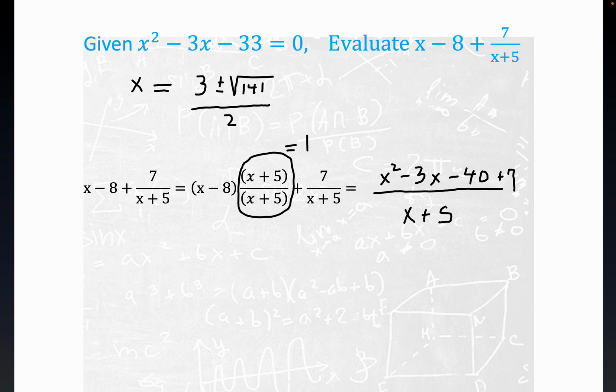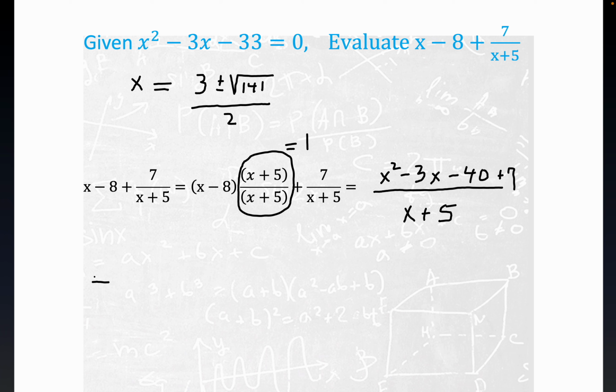Y'all notice a nice thing happens right here. You see this minus 40 and this 7 becomes negative 33, which is actually this initial condition, which a lot of you probably just saw from the get-go. But let's come down here and just finish the problem off. So we end up getting an equals.